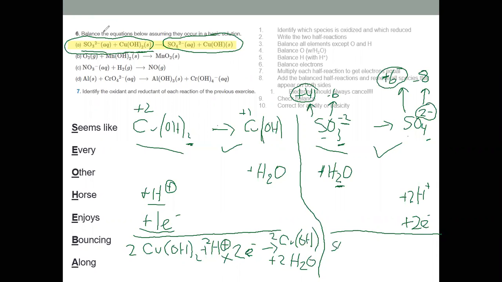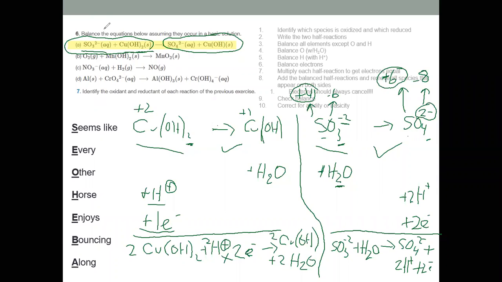So SO3 2 minus plus H2O is going to SO4 2 minus plus 2 H's plus 2 electrons.